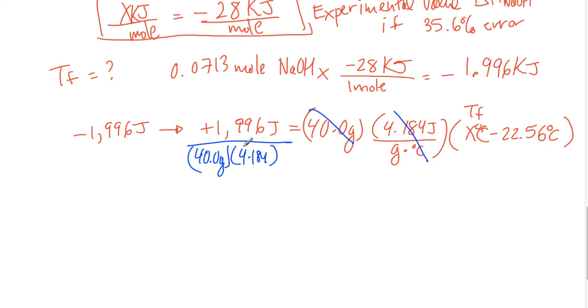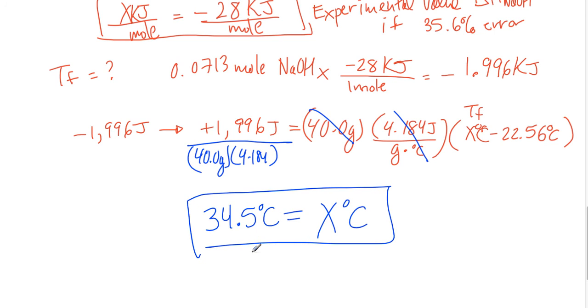I did the math wrong: 1,996 divided by 40 divided by 4.184 plus 22.56. Okay. So X degrees C ends up equaling 34.5 degrees C. And this would be your temperature final if you had a 35.6% error. Okay, if you had that.